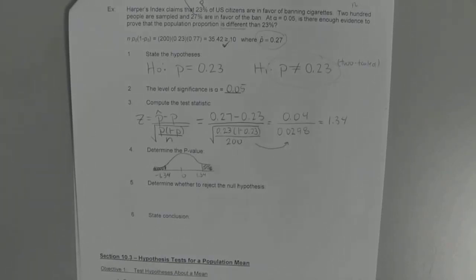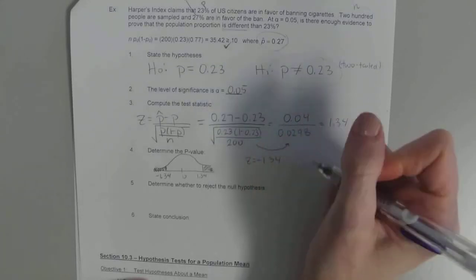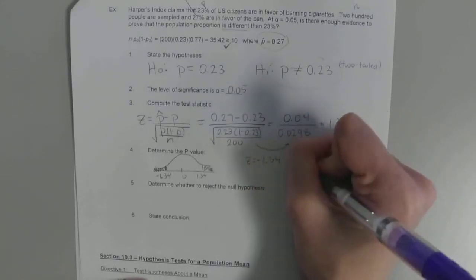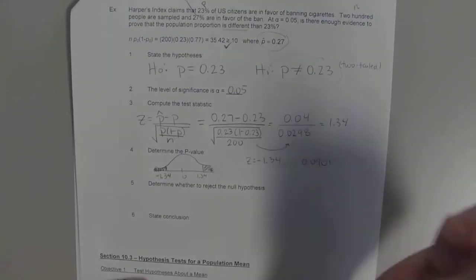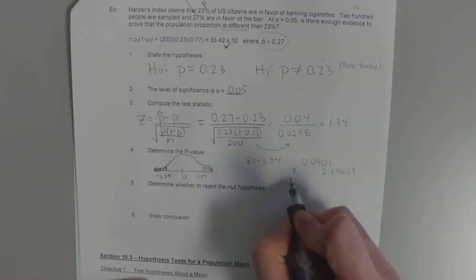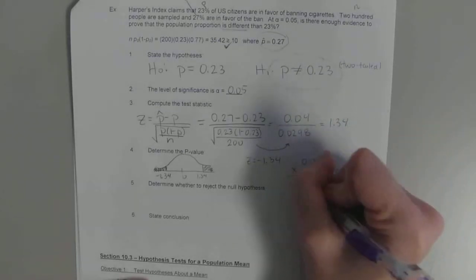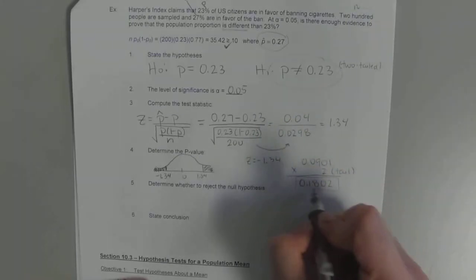If you look at your gray sheet, look up negative 1.34. I got an area of 0.0901. Does that look right? Then times 2, because it's a two-tailed test, your p-value is actually 0.1802.